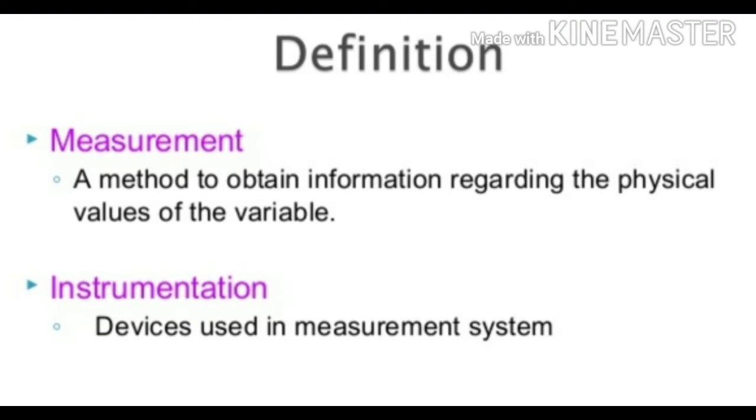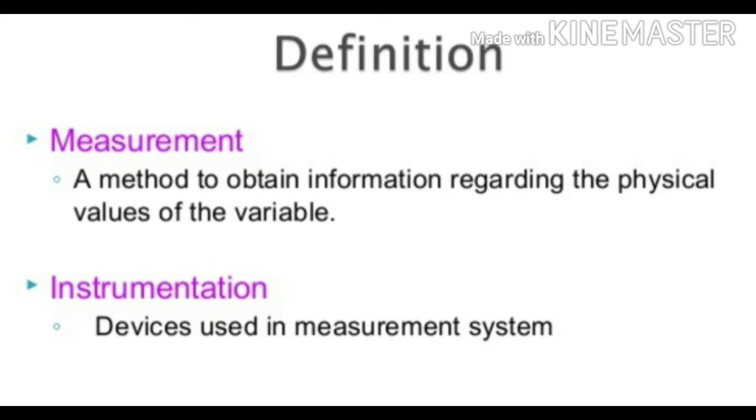Let's try to understand the measurement and instrumentation. So first, measurement means a method or a process to obtain information regarding the physical values of the variable. So any variable means the quantity under measurement here.